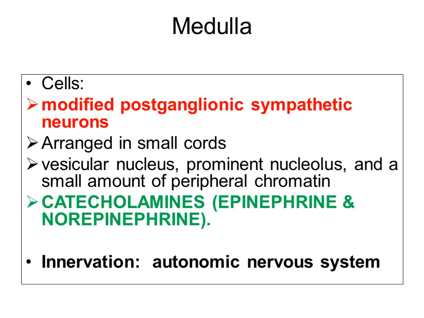That is why we call it modified post-ganglionic sympathetic neurons. The cells present in the medulla are arranged in the form of small cords. The nucleus and the nucleolus are prominent with peripheral chromatin.